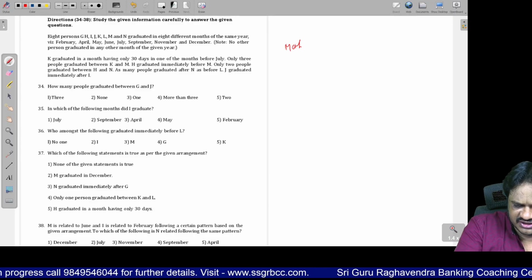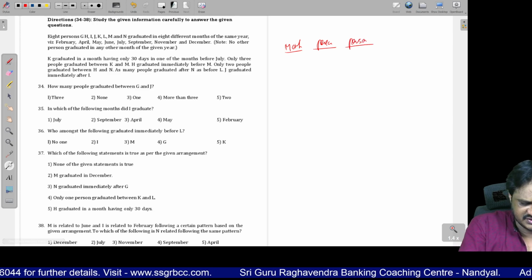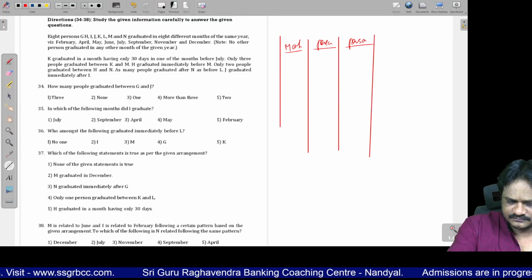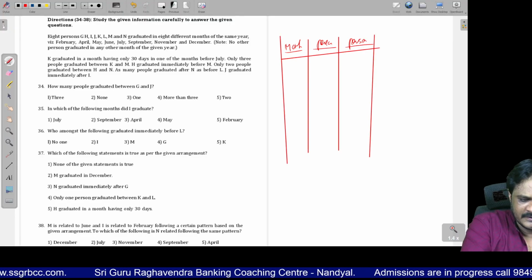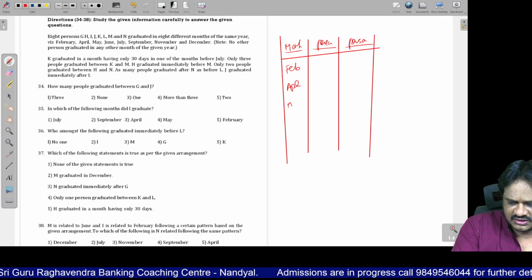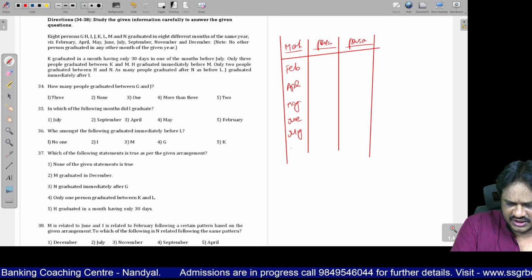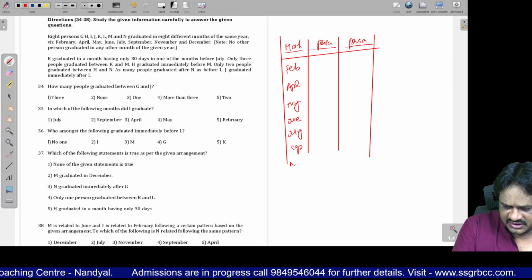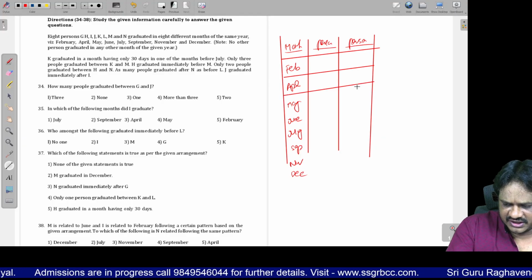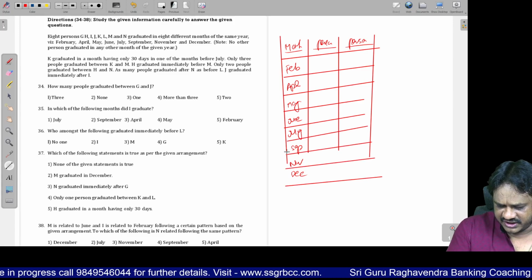Now again the same thing. First one is the month. Next one is the person. And one more column person. So let us try to do this one in two possibilities. Below the months, write down February, April, May, June, July, September, November, and finally December.